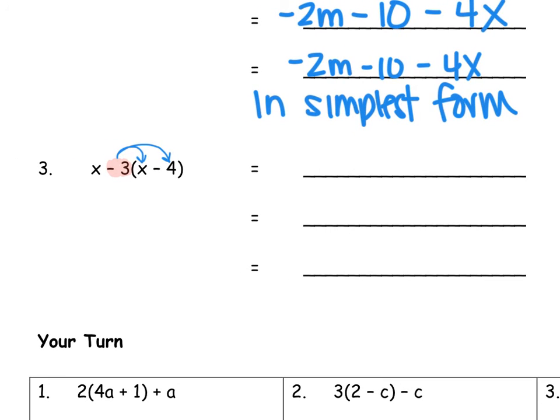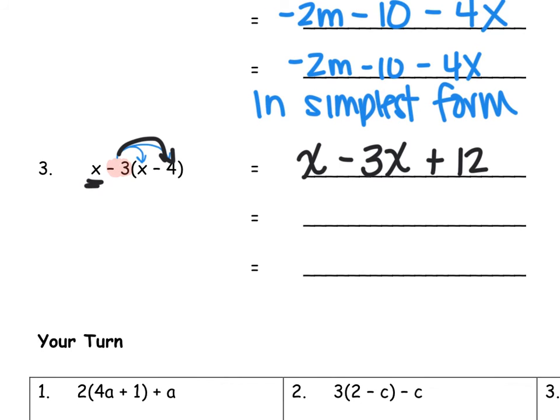So we're going to rewrite the x because we haven't used it yet. So it's going to be x minus 3 times x, which is a negative 3x, and negative 3 times negative 4 gives me a positive 12.